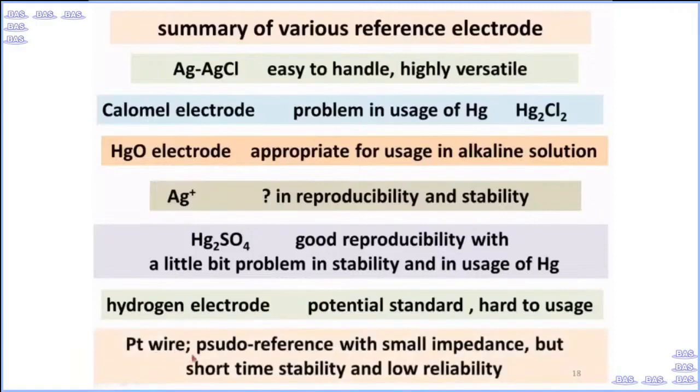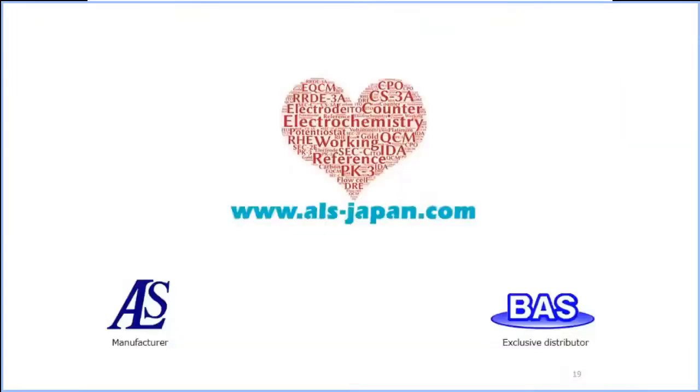Platinum wire pseudo reference has small impedance, but short-time stability and low reliability. But it is rather convenient to use. That's all.